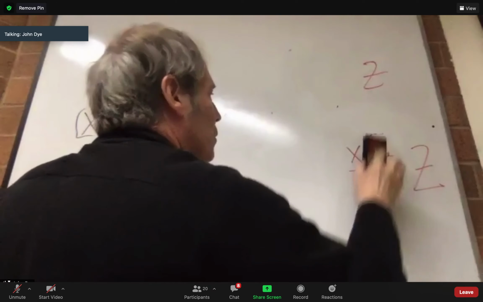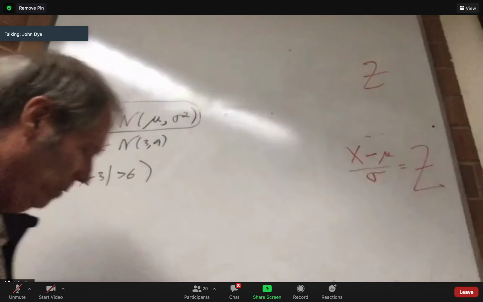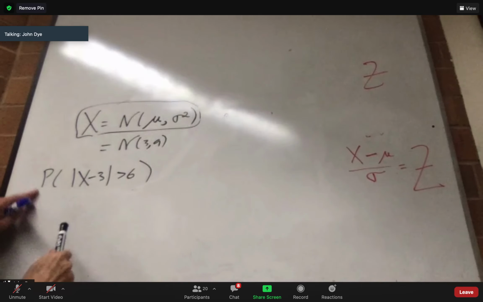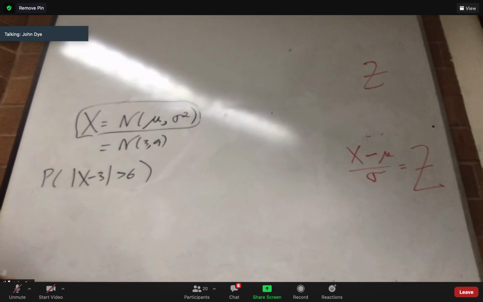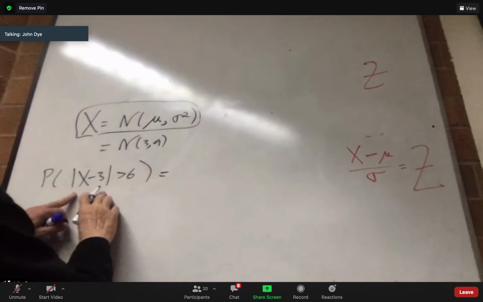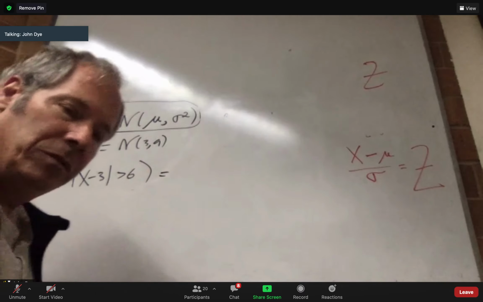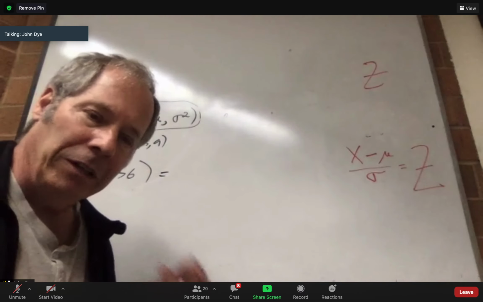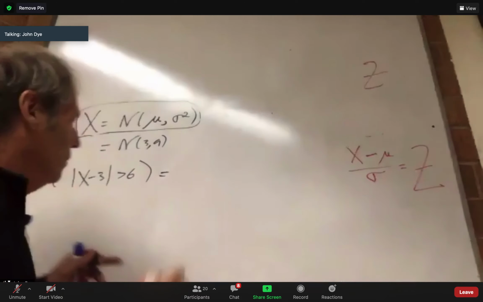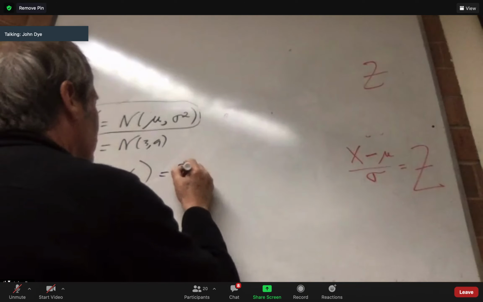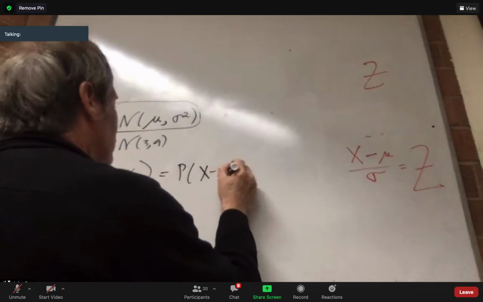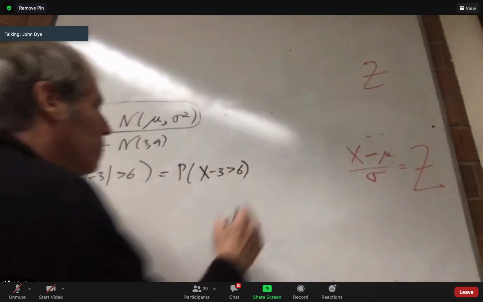Let's first interpret the absolute value. If the absolute value of x minus 3 is greater than 6, that leads to 2 situations. Either x minus 3 without the absolute value is greater than 6. This is one possibility. And what's the other possibility?